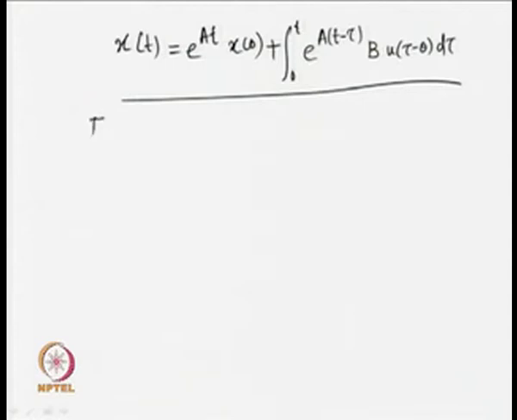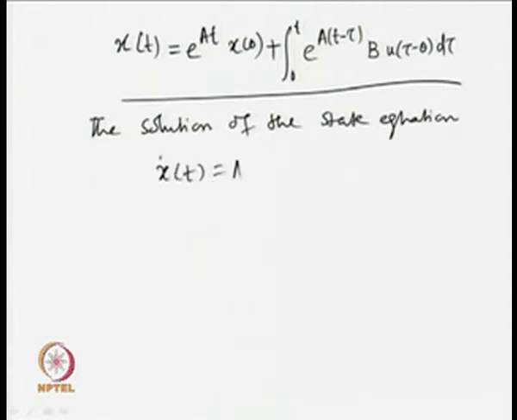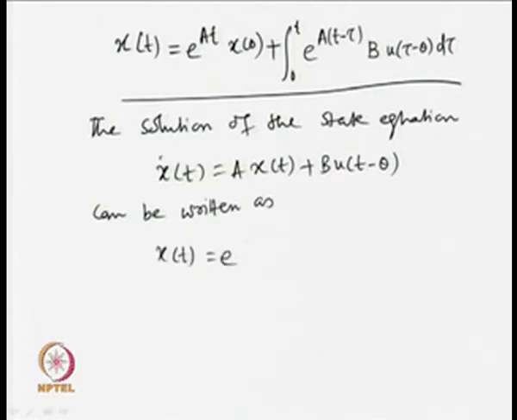The solution of the state equation x dot t equal to a x t plus b u t minus theta can be written as x t equal to e to the power a t x 0 plus integration from 0 to t e to the power a t minus tau b u tau minus theta d tau.